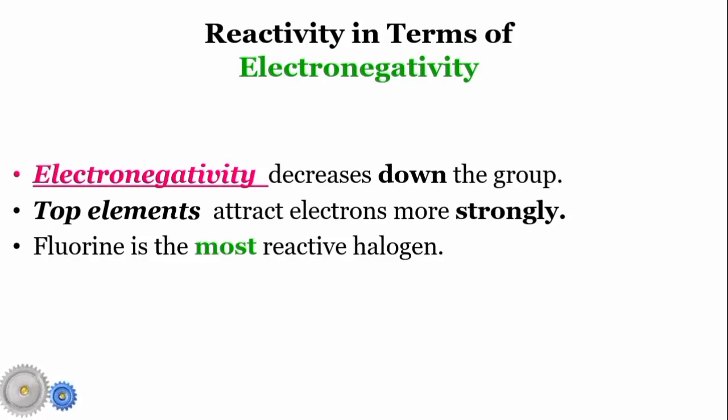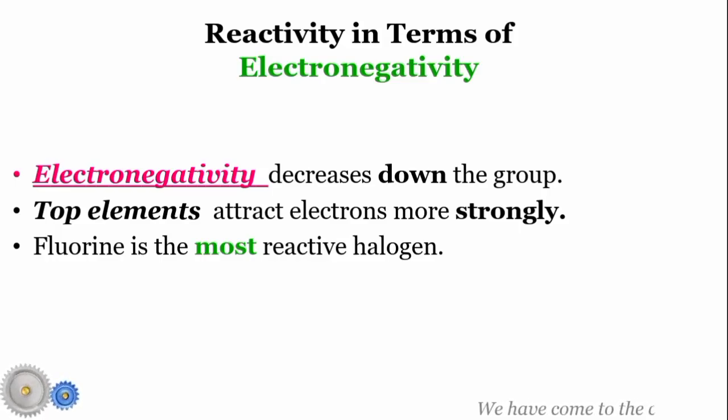The higher the electronegativity, the higher the reactivity of elements in the group. Then atomic radius is inversely proportional to the reactivity of an element. The smaller the radius, the higher the reactivity. The bigger the atomic radius, the lower the reactivity.